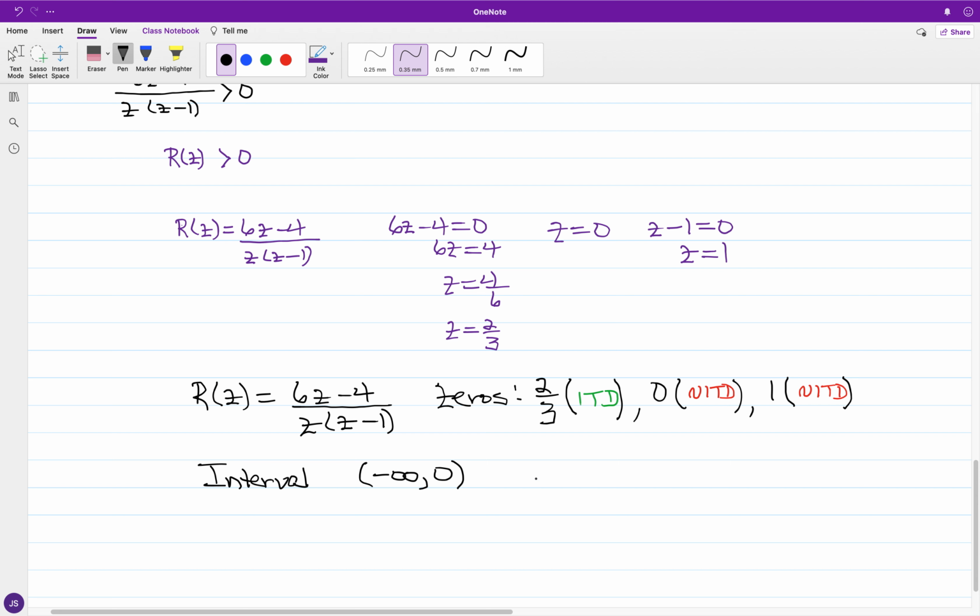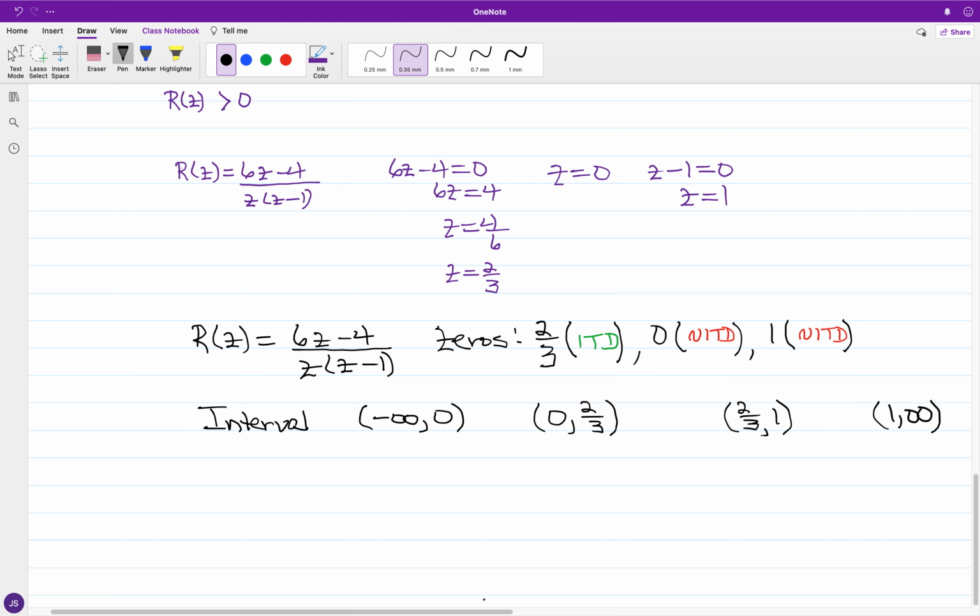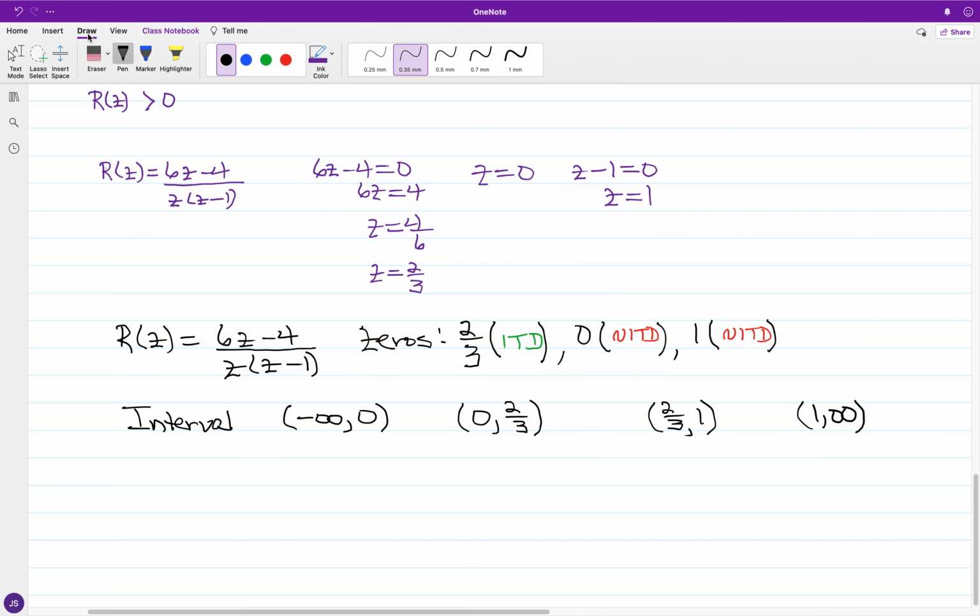Next in line, we have between 0 and 2/3. After 2/3, we have 1. And for the rest, we're going to have those values z that are greater than 1.